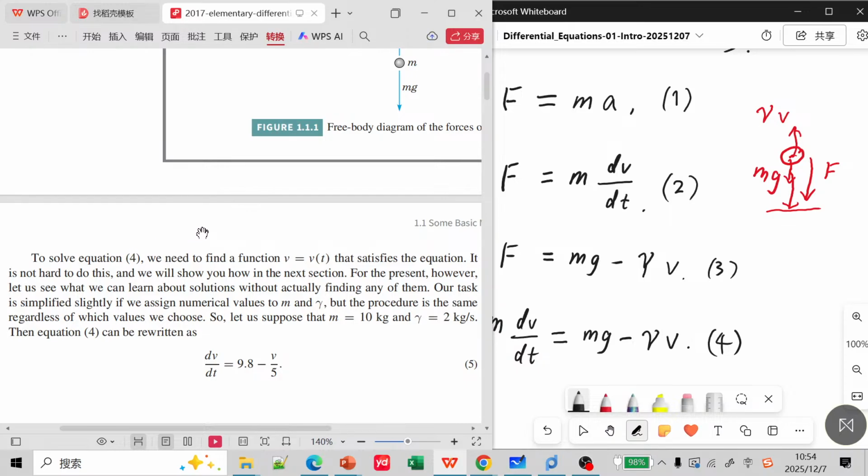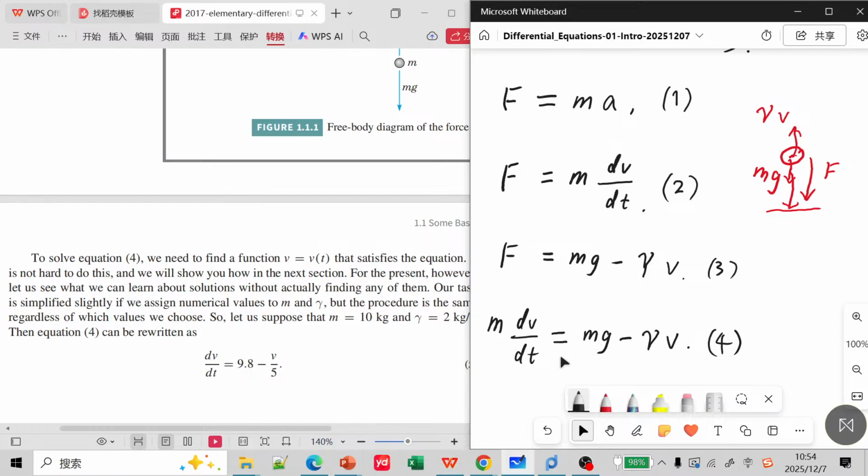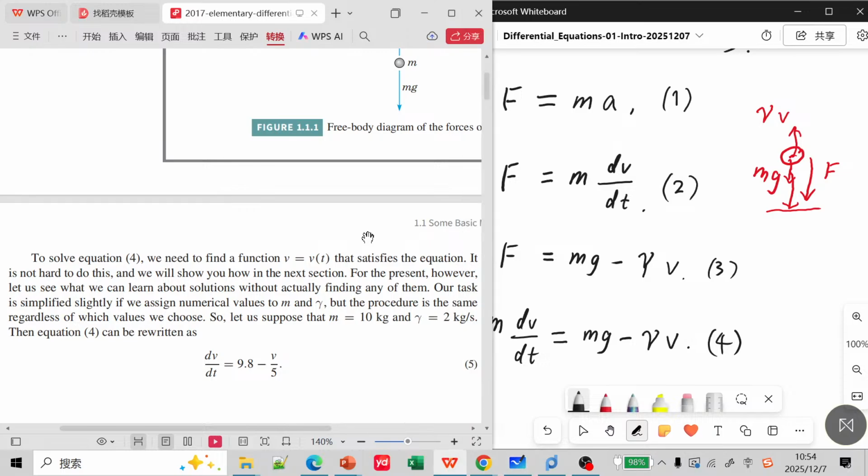That is, we need to find a specific function form v of t that can satisfy this specific equation. It is not hard to do this, and we will show you how in the next section.